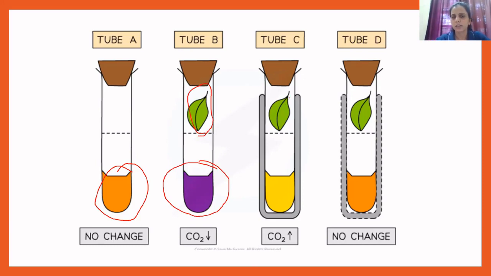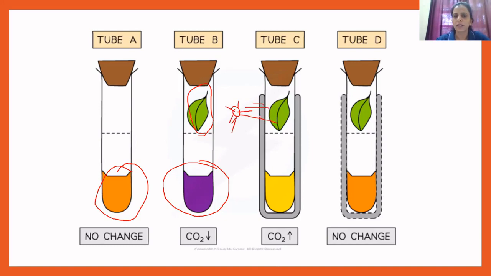Test tube C shows that leaf is present. Okay, this test tube was kept in bright sunlight also, but what happened is this test tube was covered with aluminium foil. Okay, so this aluminium foil has blocked any light which was falling on the test tube.